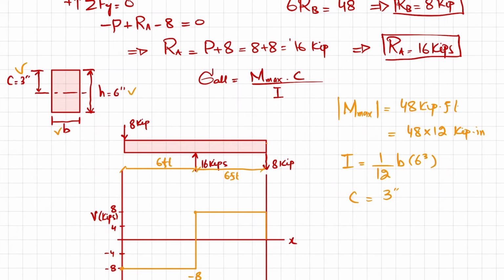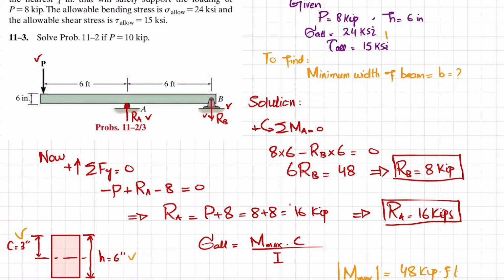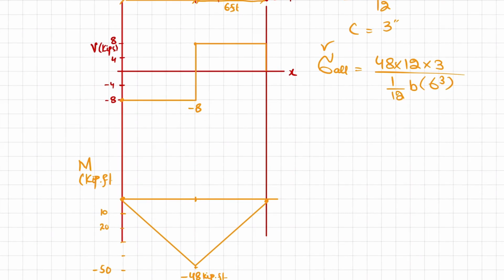So you can put the value: sigma allowable is equal to 48 multiplied by 12 multiplied by C, which is 3, divided by I, which is 1 over 12 B into 6 cube. And the sigma allowable value is also given in the question, that is 24 ksi.